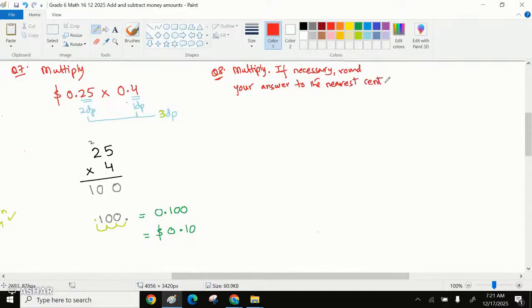Okay, there are 100 cents in $1. So the question says dollars 0.47 is multiplied by 0.3.